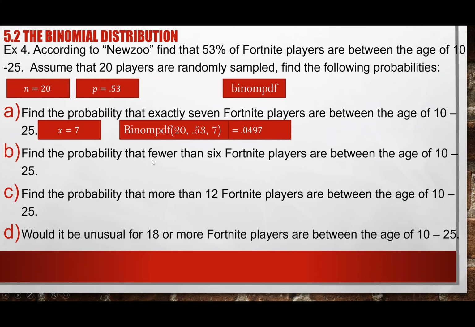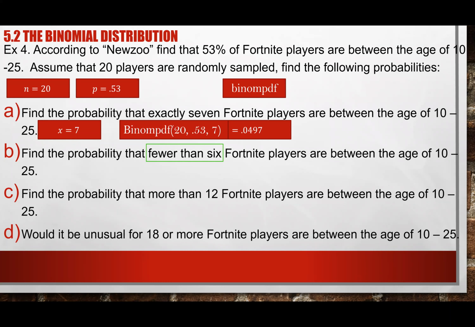Now, the next question. If you read this, fewer than 6, we know that we have to use the CDF, binomial CDF, because fewer than means a group of items: the 0, the 1, the 2, the 3, the 4, and the 5.